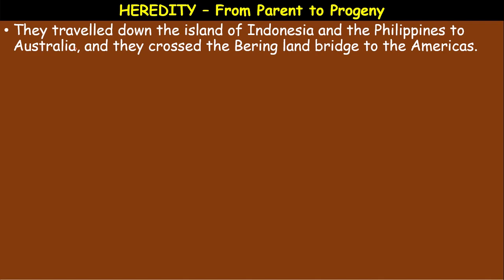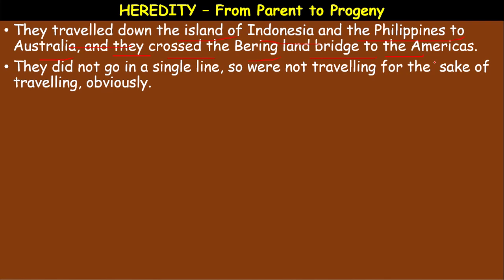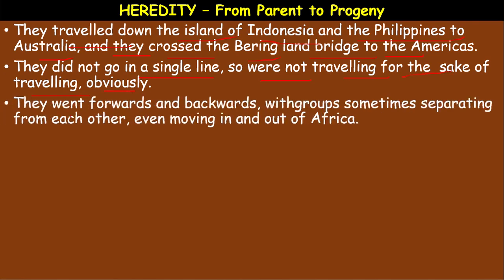They traveled down the islands of Indonesia and the Philippines to Australia, and they crossed the Bering Land Bridge to the Americas. They did not go in a simple line, and were not traveling for the sake of traveling; they traveled for other purposes.